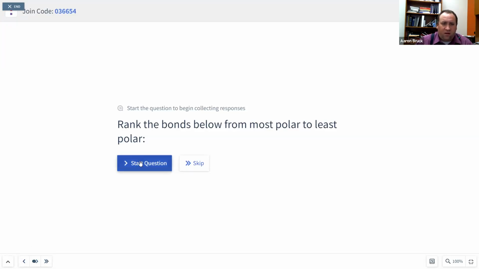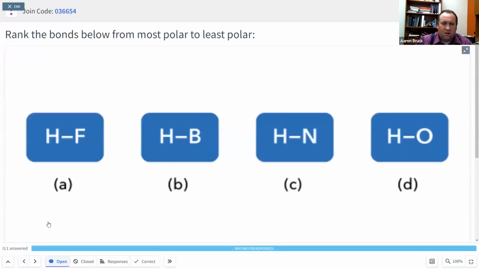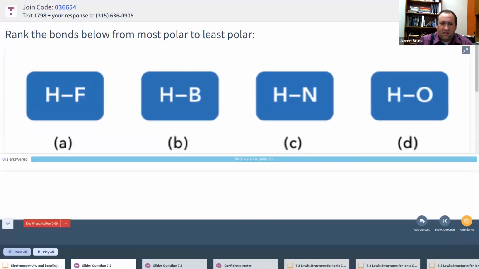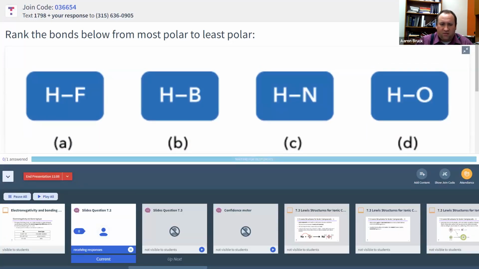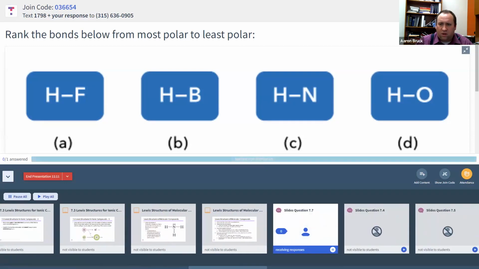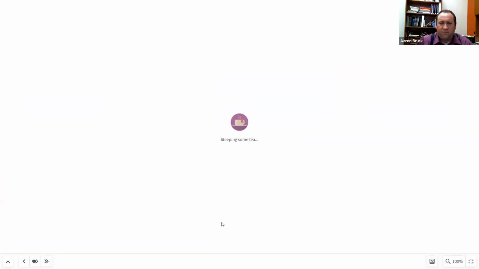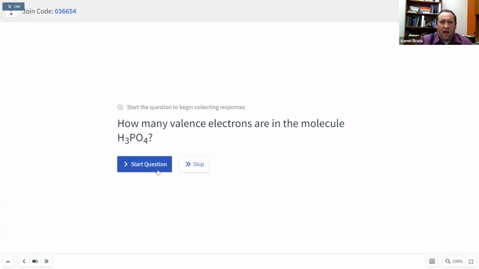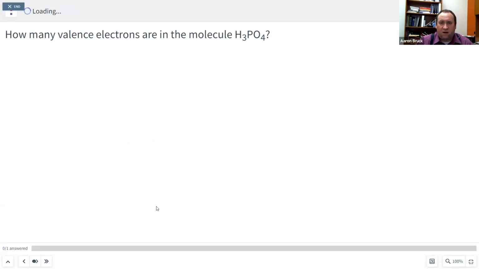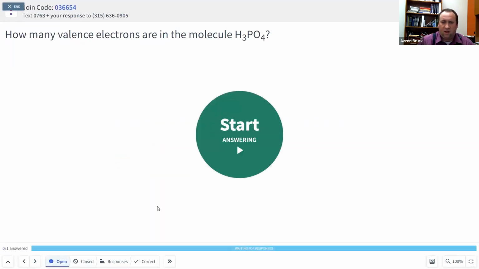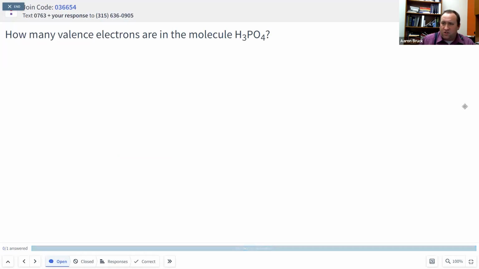Piggybacking off of that concept, let's try this one. How many valence electrons are there in phosphoric acid? Well, this is where we would just break out our calculators or do a little bit of simple arithmetic in our head.